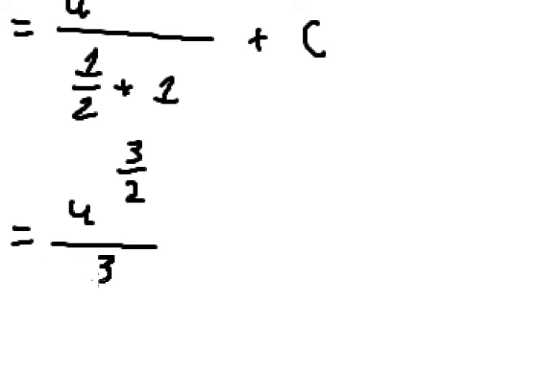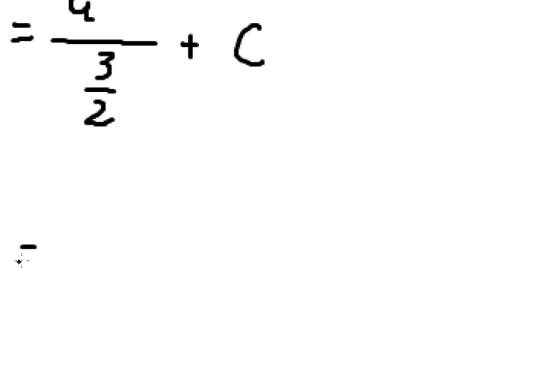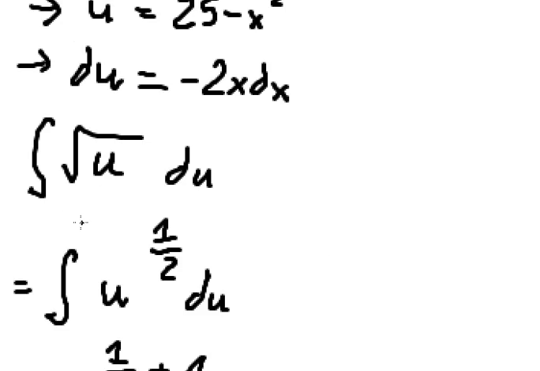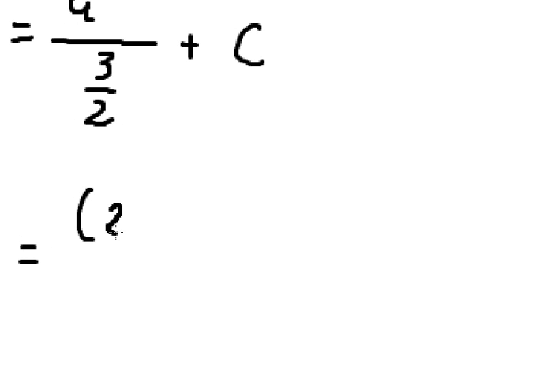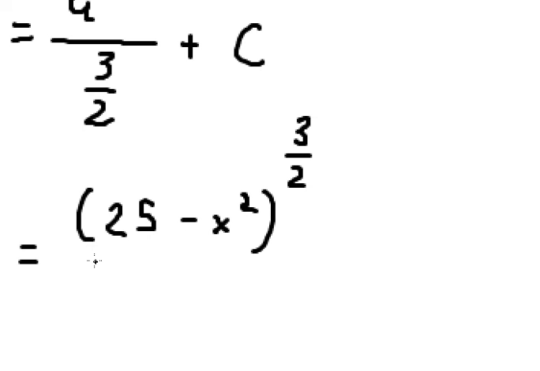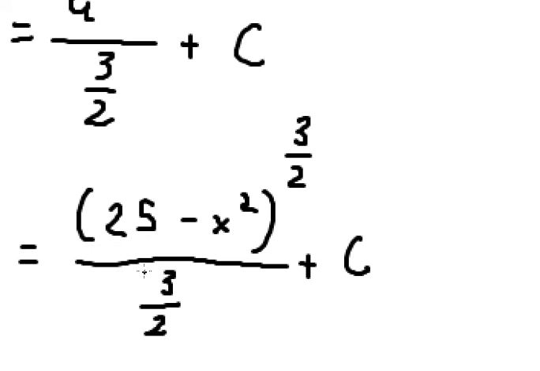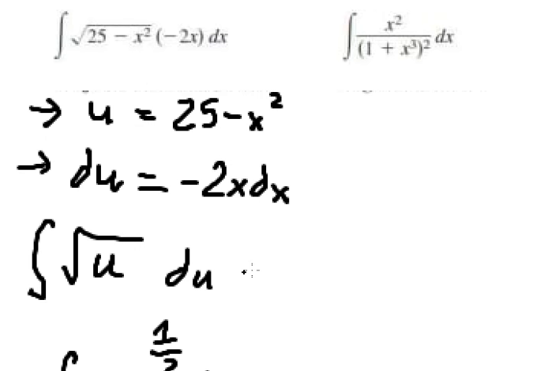This one we have 3 over 2. And I will put c. For u, that is 25 minus x squared. And this is the final answer.